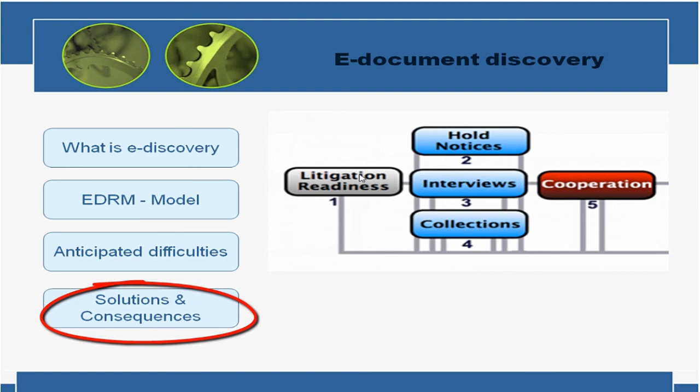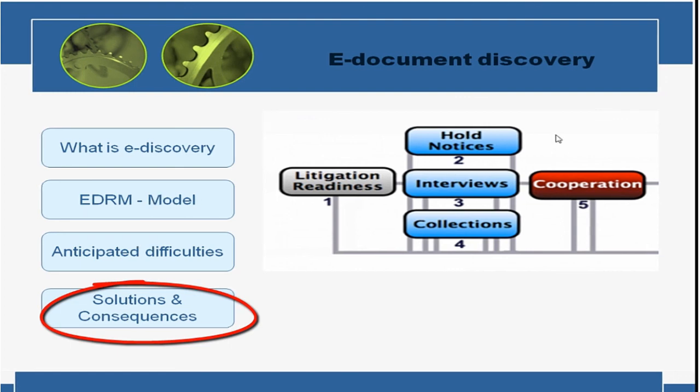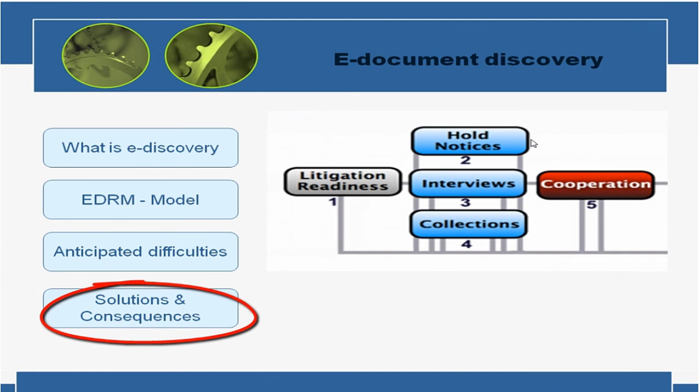Then, of course, the issuance of the litigation hold notices and preservation notices is very crucial, because if the lawyer does not inform the client of the legal need for a litigation hold and preservation of evidence, that could amount to professional negligence for which the lawyer can be sued and sanctioned.